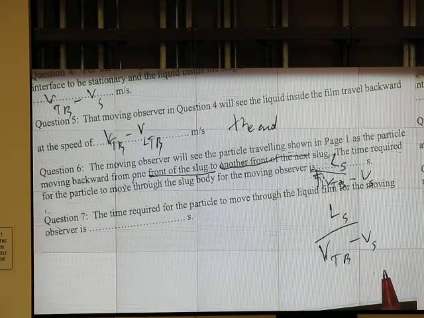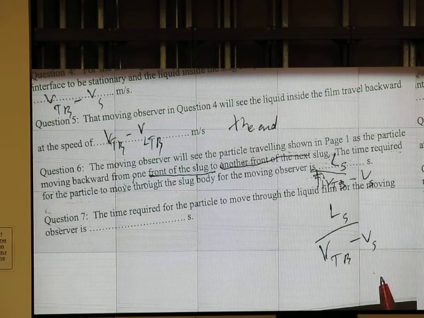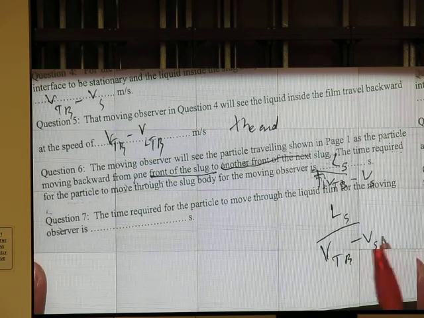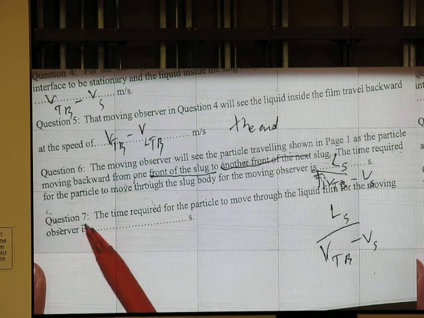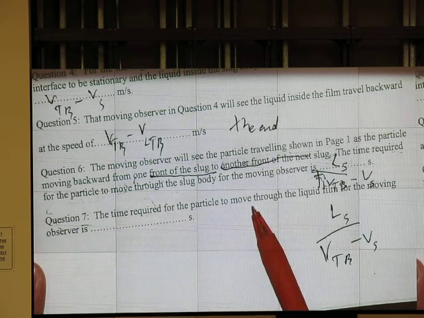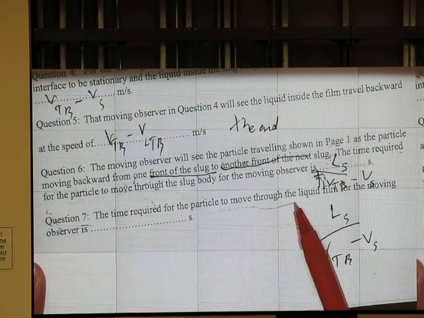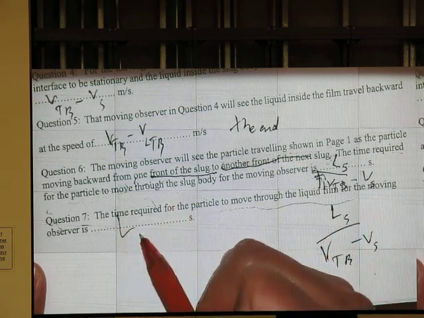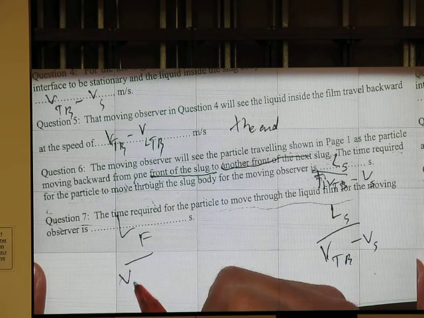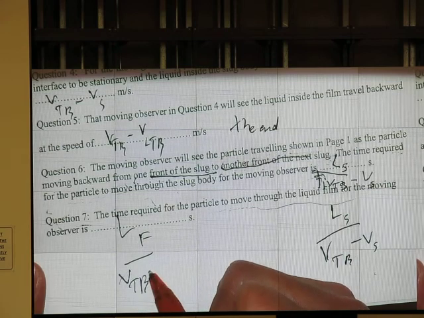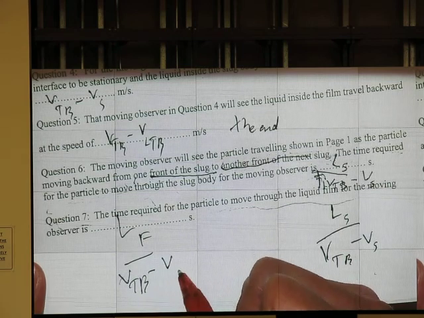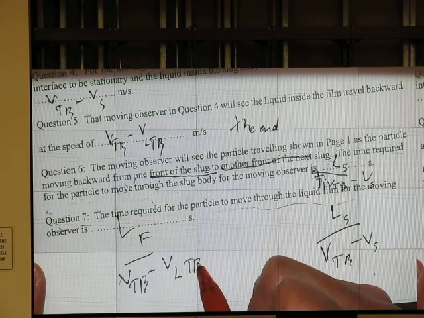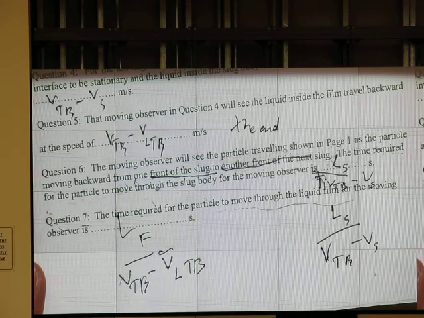Okay. Question. For number 7, the time required for the particle to move through the film for the moving observer will be L film divided by VTB minus V film, which is VLTB bar, right?